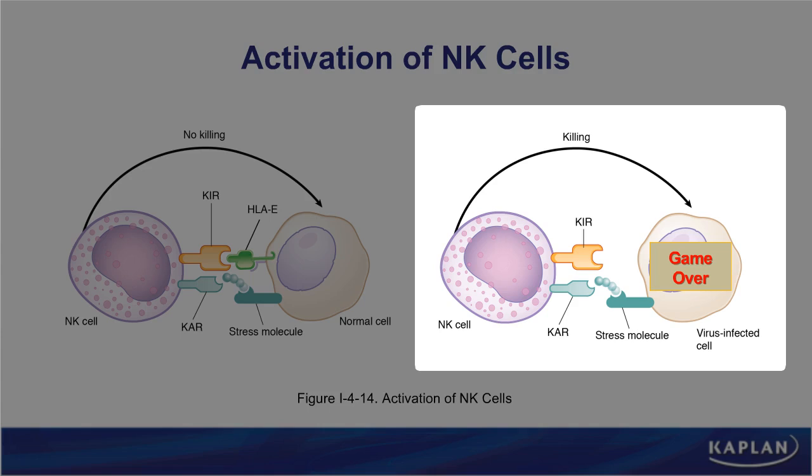Again, completely innate. And we're utilizing the expression of class 1 MHC as an indication as to whether or not the natural killer cell is going to have to lyse and kill these target cells.